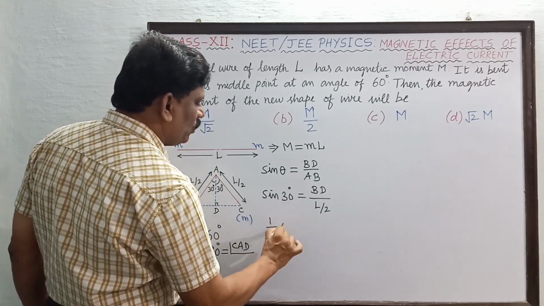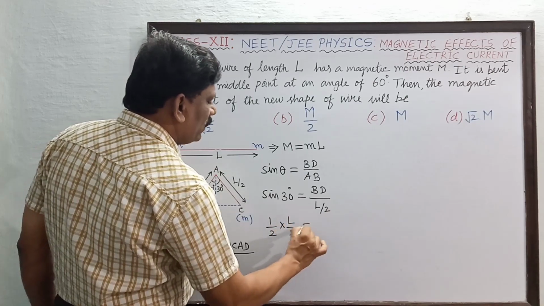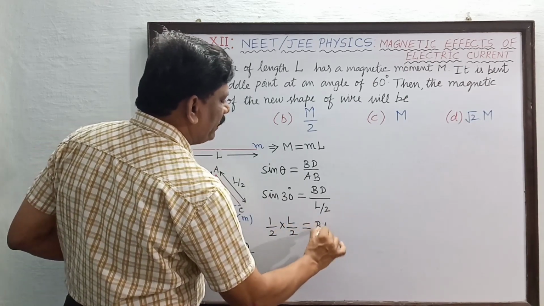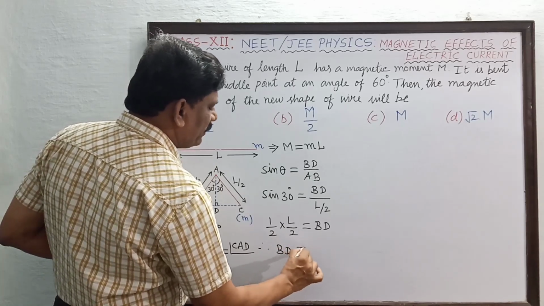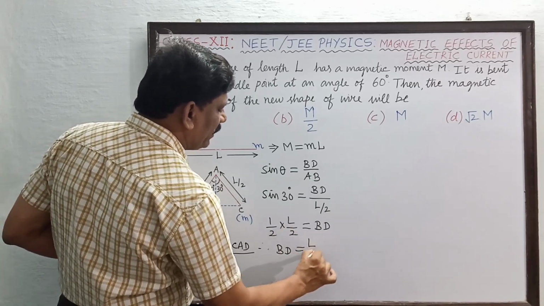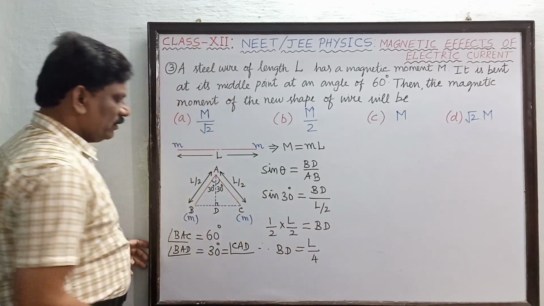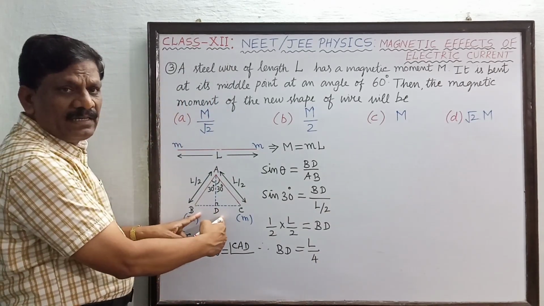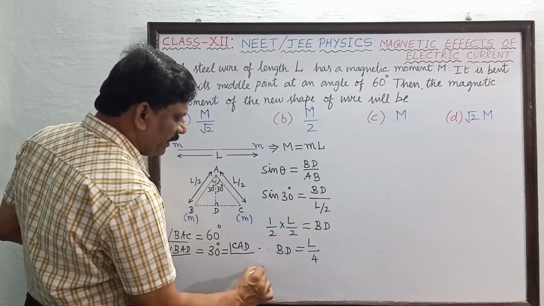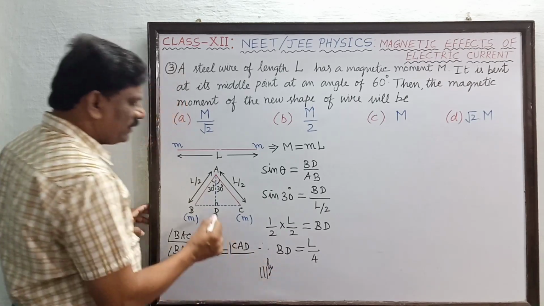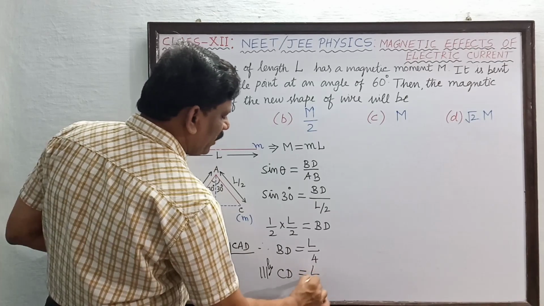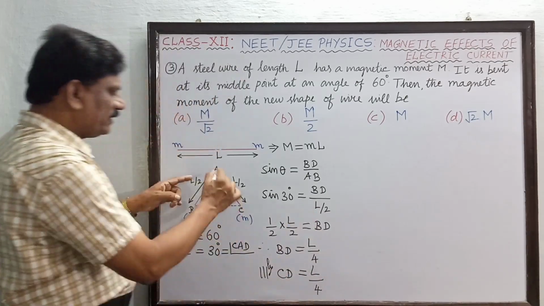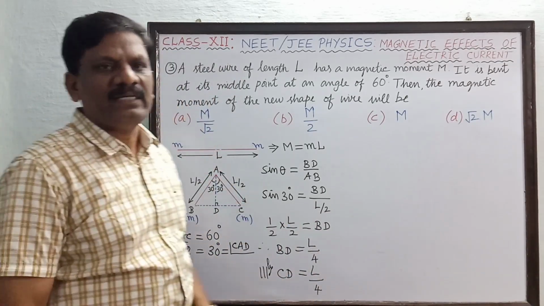So 1 by 2 into L by 2 is equal to BD. Therefore the length BD is equal to L divided by 4. Similarly, the other length CD must also be equal to L by 4 because it is an isosceles triangle.